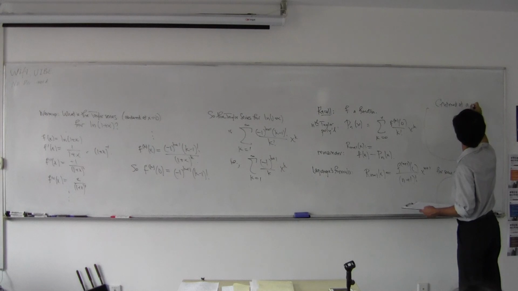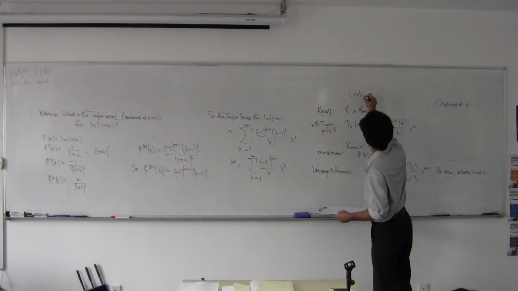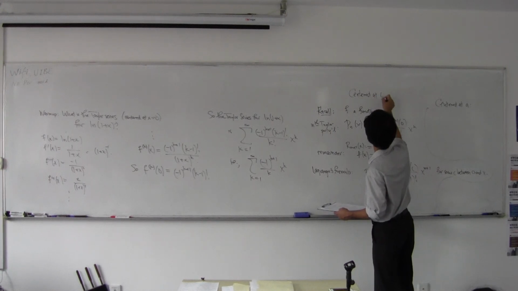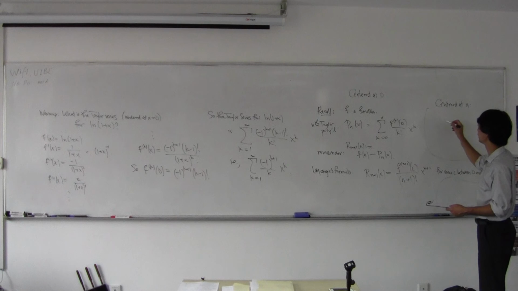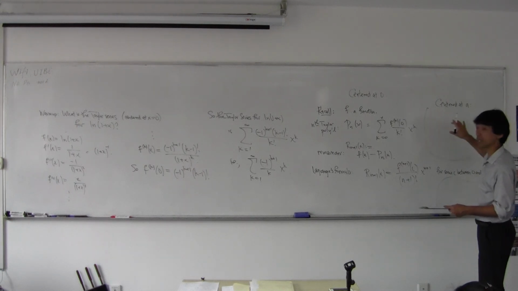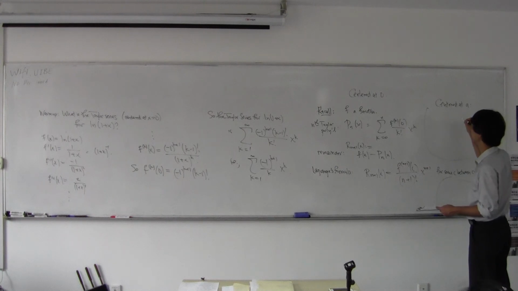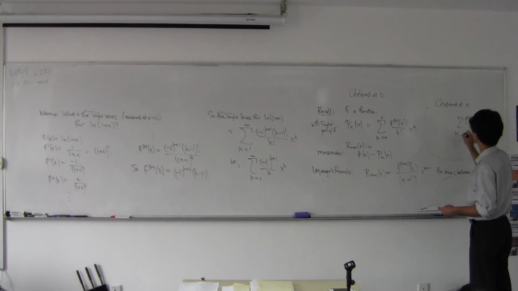So this is the centered at 0 version, but you also have a centered at a version. So if you want to get the expression at some point other than 0, you have something like this: f^(k)(a) over k factorial times x minus a to the k, k from 0 to n.